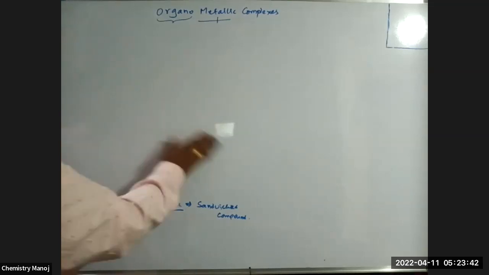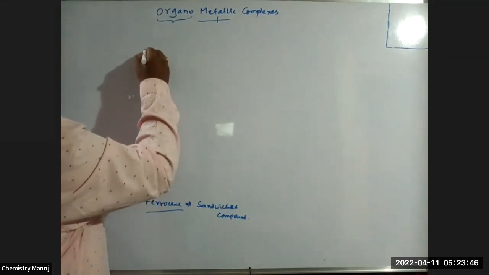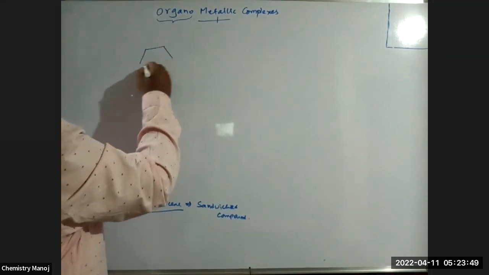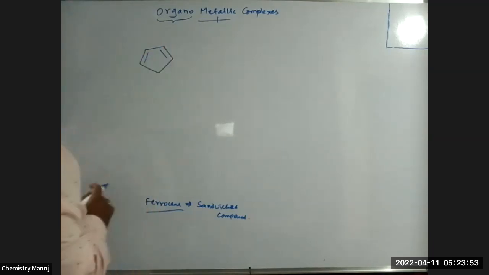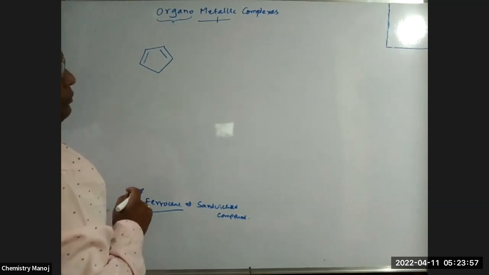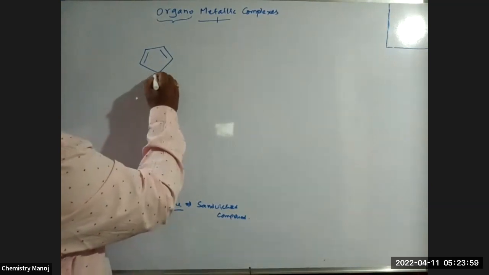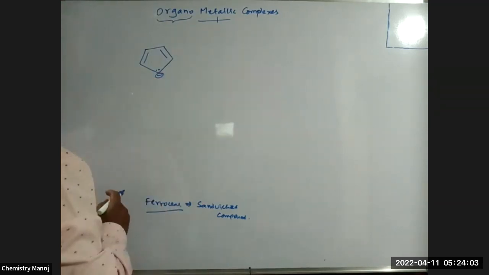See here. What is the name of this compound? Cyclopentadiene. Am I correct? Now there is a lone pair with a negative charge.